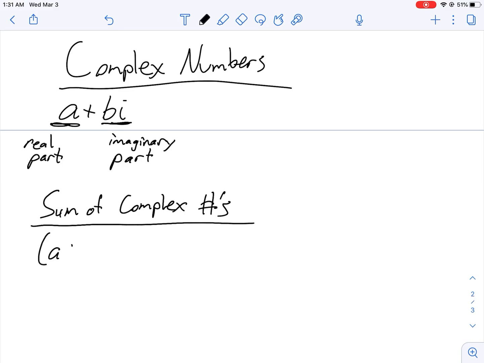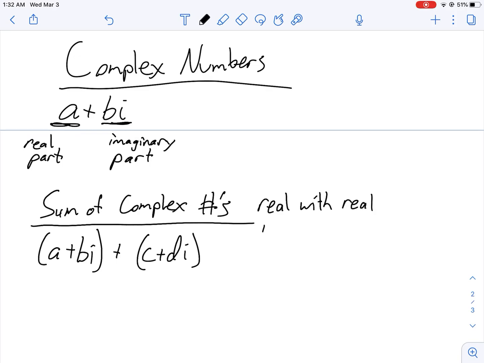If I have some complex number a plus bi, and I add it with some other complex number, we need new variables here, c plus di, what's going to happen is we only add like parts together. Reals go with reals, imaginaries go with imaginary. So those are the only ones that get to add or subtract together.